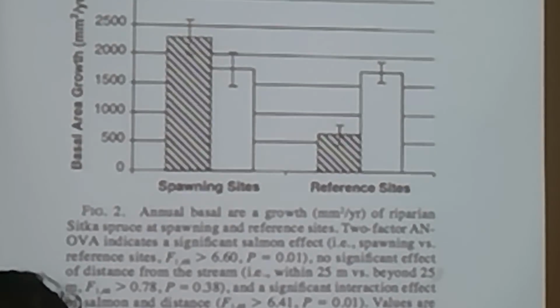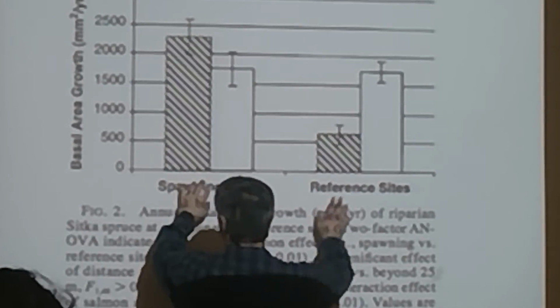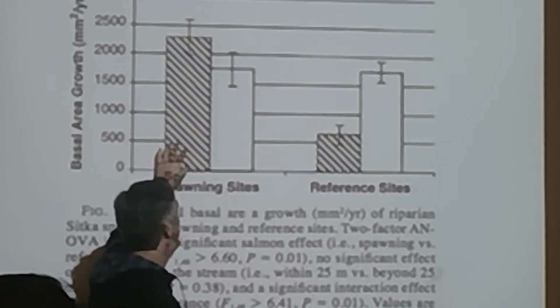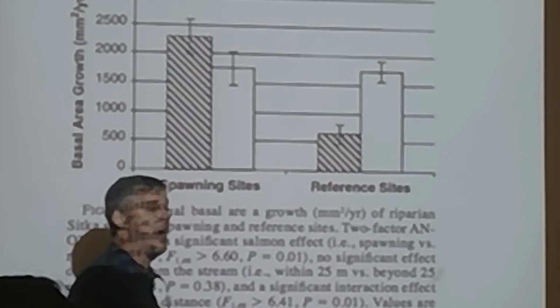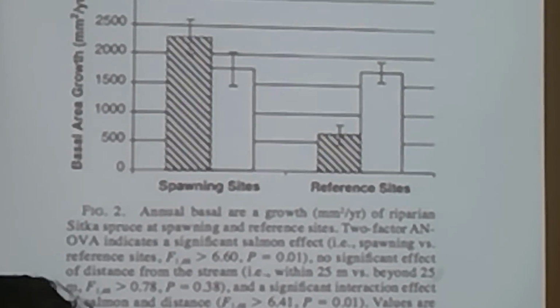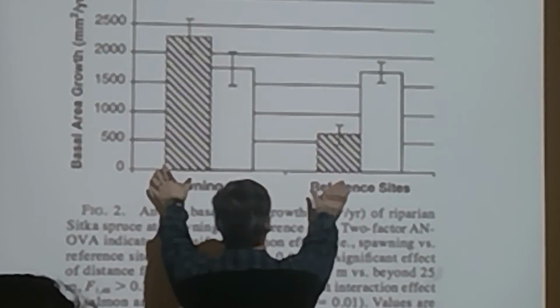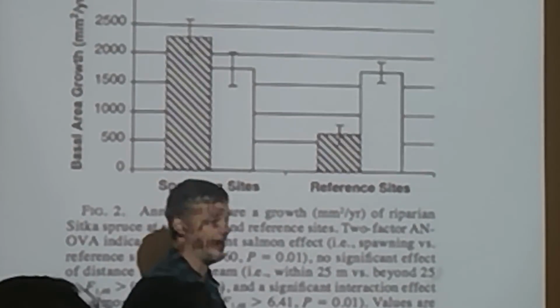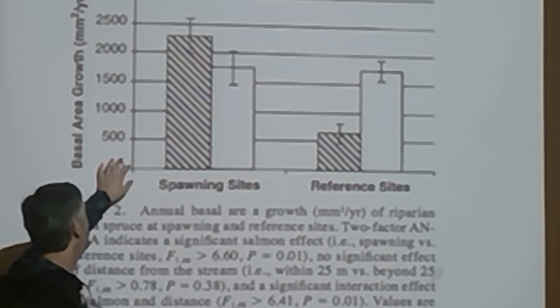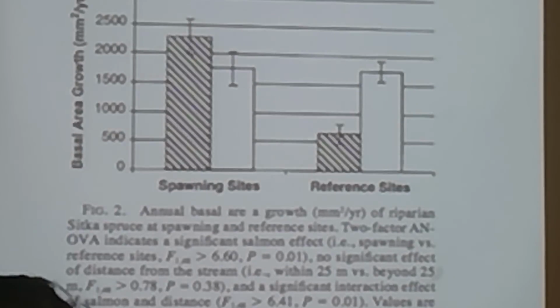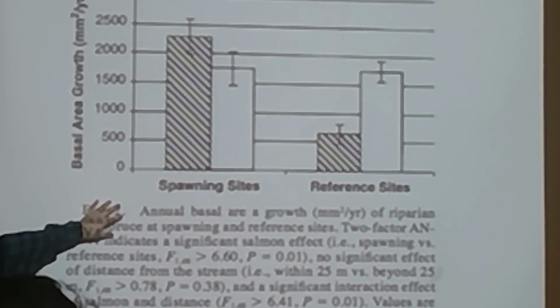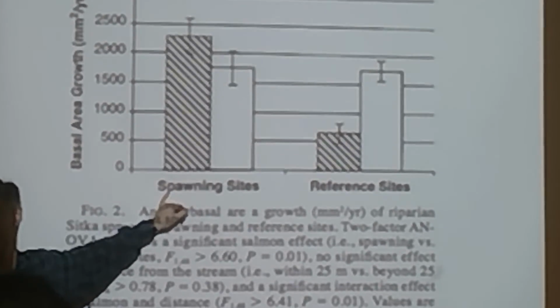So we've got sort of three things going on. We've got the streams, we've got the growth rate, and then we've got within versus beyond 25 meters. So within 25 meters, we see what? Just that really strong signal of much higher growth rates of those Sitka spruce trees close to the streams, but only in the spawning sites.